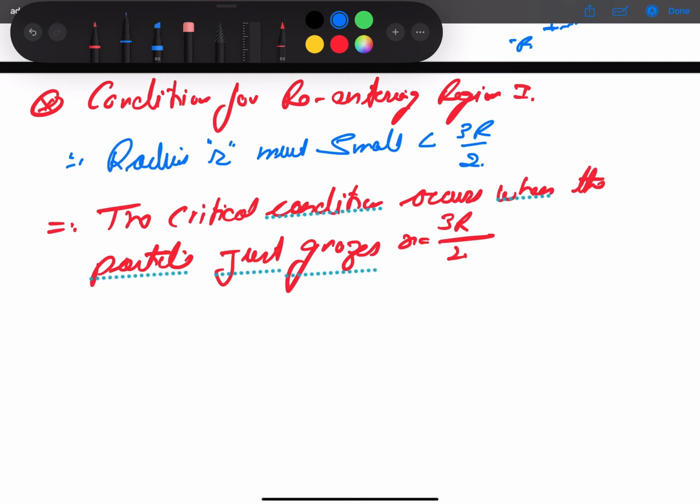So it means the maximum horizontal distance it can travel is r.